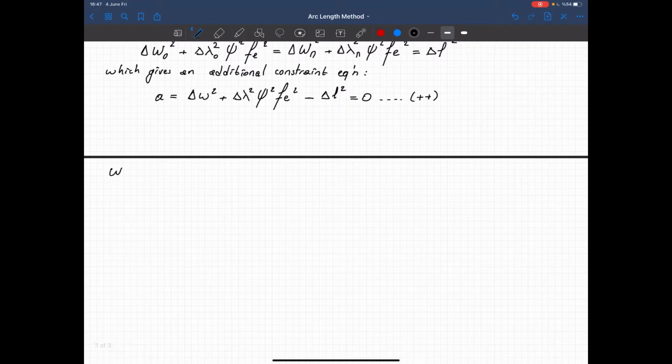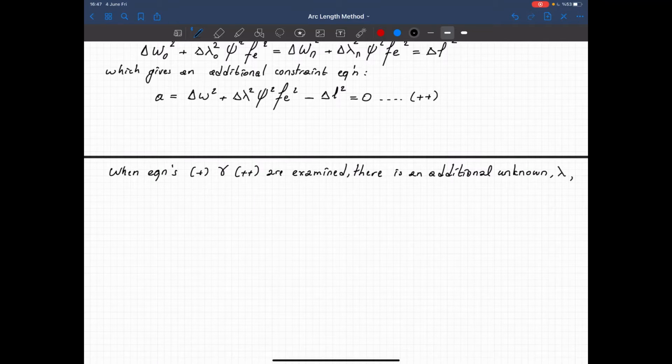So when equations plus and double plus are examined, there is an additional unknown, lambda, other than the displacement. So we have these coupled equations.